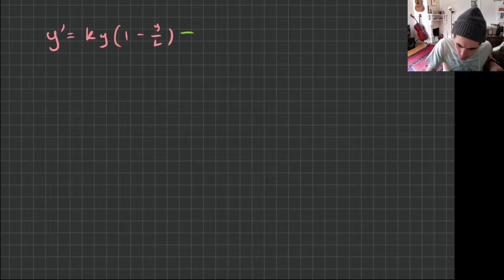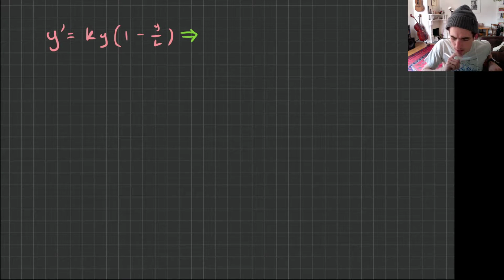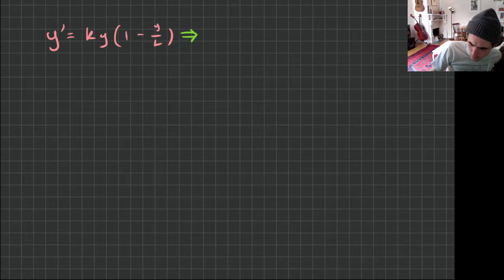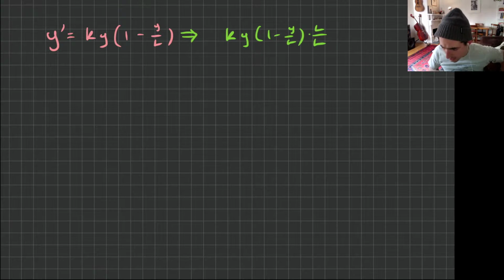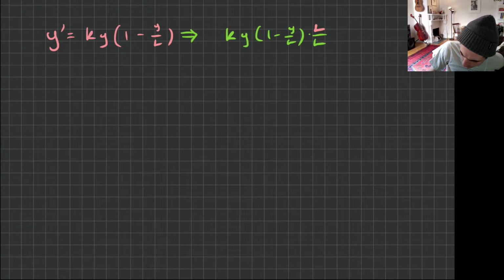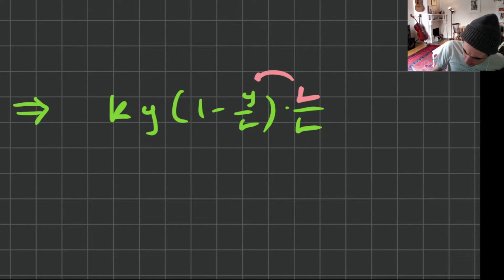It's basically the same as this one, except we're going to factor out an L. So we'll just multiply this by L over L. So k times y times 1 minus y over L, and we're going to multiply this by L over L. And when I do this, the numerator is going to distribute throughout here.